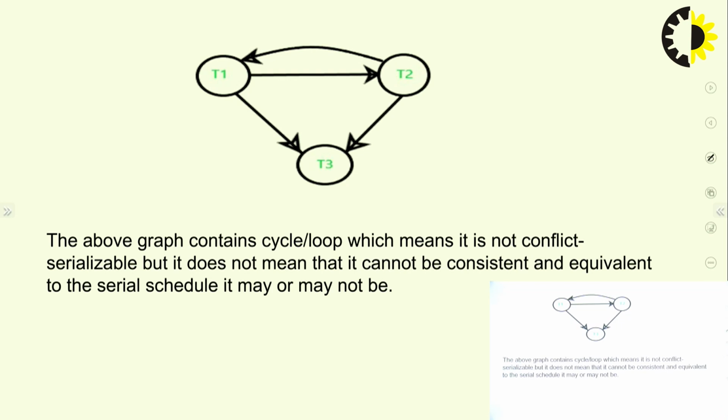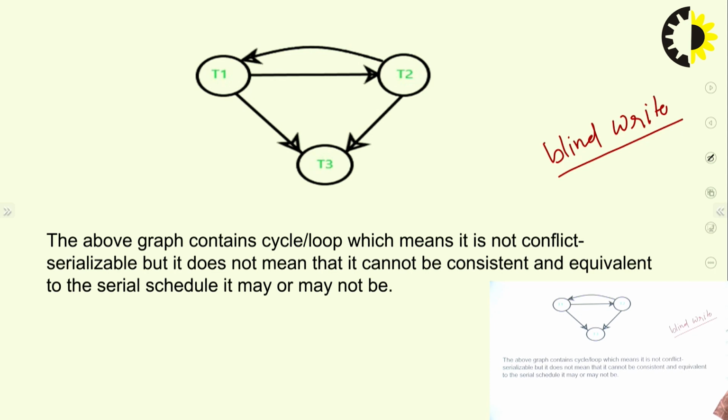The above graph contains a cycle or loop, which means it is not conflict serializable, but it does not mean that it cannot be consistent or equivalent to a serial schedule. It may or may not be; we are not confirmed. So what will we do? We will check whether it has a blind write.